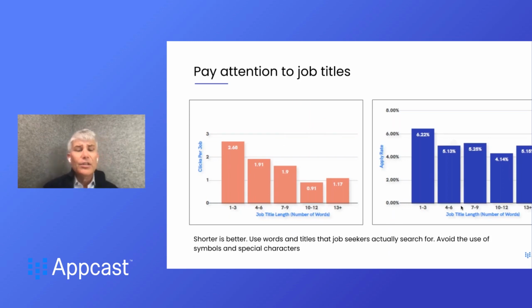The other thing that you can really do is pay attention to your job titles. Job titles are how job sites index your jobs and, in many ways, decide what jobs to show. This is Appcast research that shows the shorter the job title, the more clicks you get per job, and the higher the conversion rate.